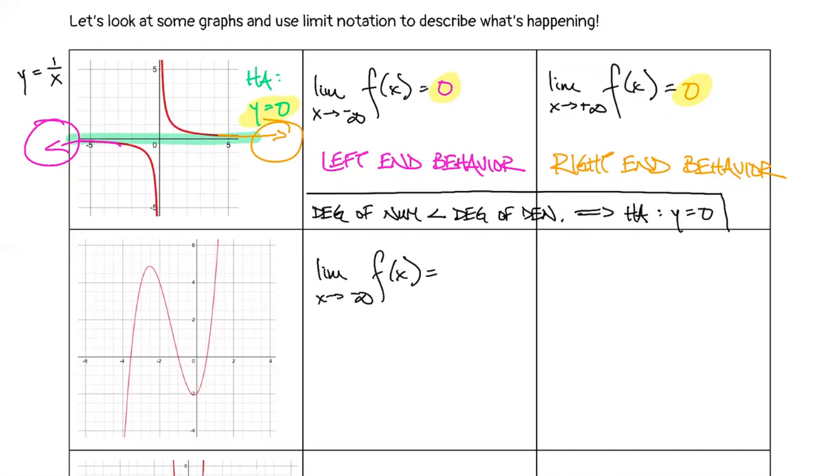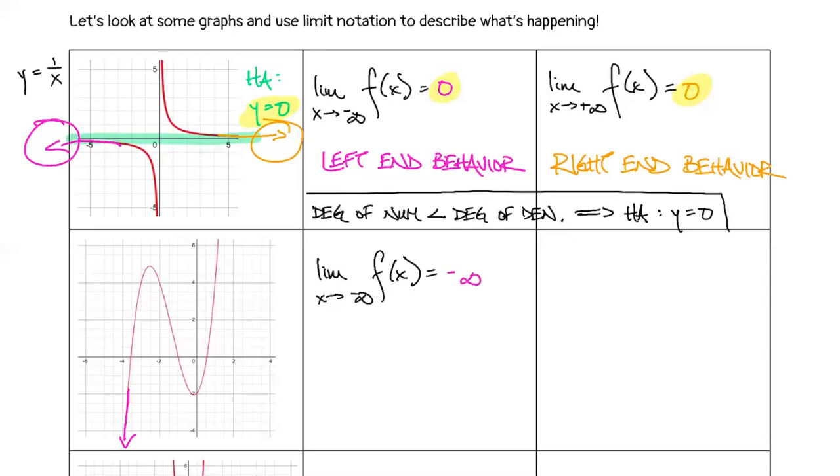Okay, how do you know that? I agree, negative infinity. And we can find that just by saying, well, if I keep tracing, that function keeps going down, right? So that left end behavior is negative infinity.